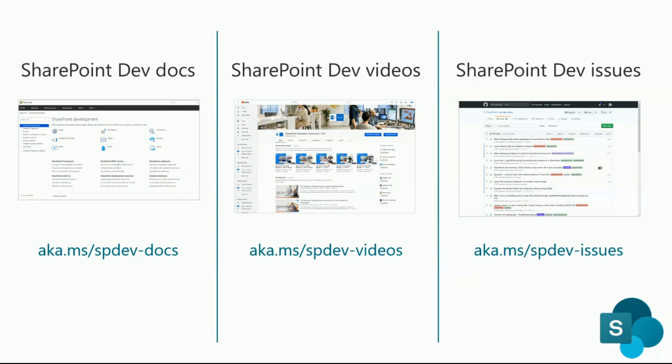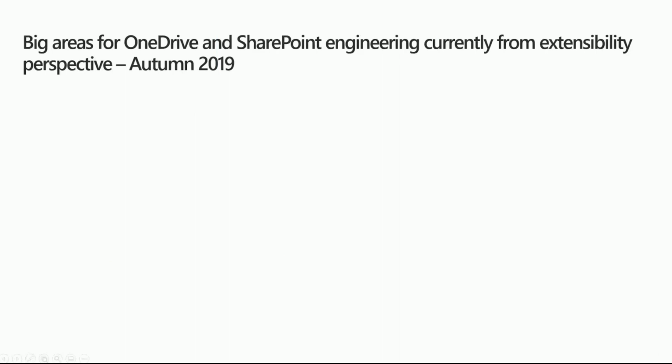Now, before we go to the updates on the open source projects, I wanted to quickly recap the big areas where we are investing from the Microsoft side of the house. For us in OneDrive and SharePoint Engineering, which is a combined engineering organization, what are the things where we will be investing heavily during autumn 2019? What are the main areas where you will see further enhancements, and the things where we're betting on our side of the house?